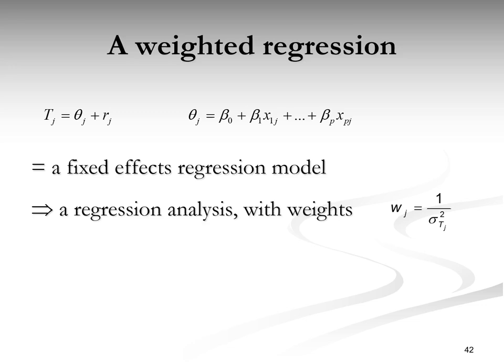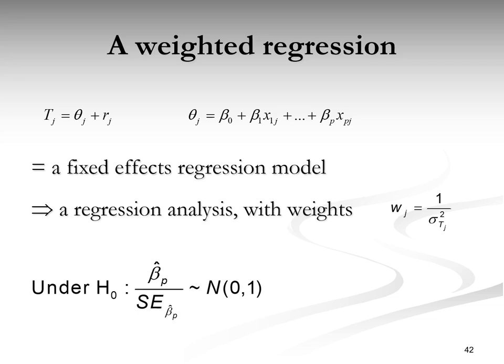Note that this is not an ordinary regression analysis, it's a weighted regression analysis. Again, we are going to use the precision as weights. And like in an ordinary regression analysis, you get the estimates of the regression weights, and you get estimates of the standard errors of these estimates.